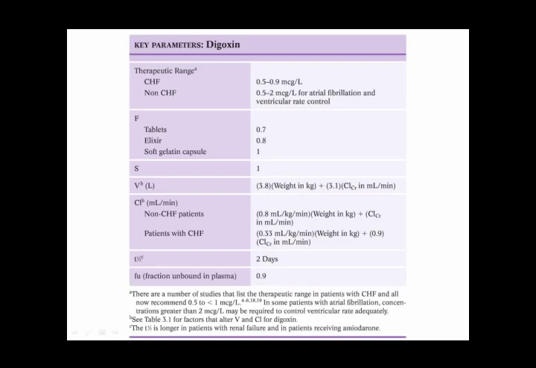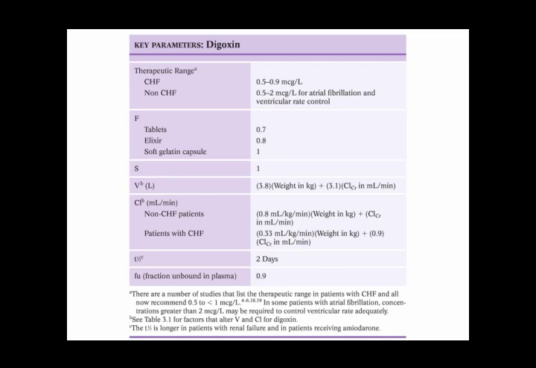The pharmacokinetics of digoxin are illustrated in this page here, and this is a copy of what we have in the required textbook. Basically, the therapeutic range is 0.5 to 0.9 or 1 microgram per liter. And here is a difference. This is the first level that is measured in microgram per liter.